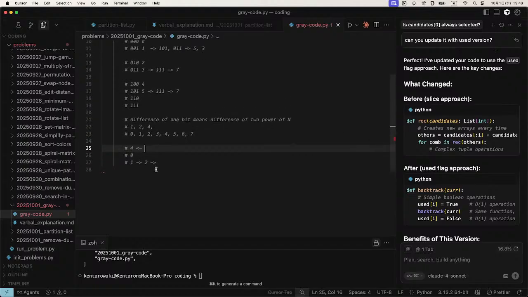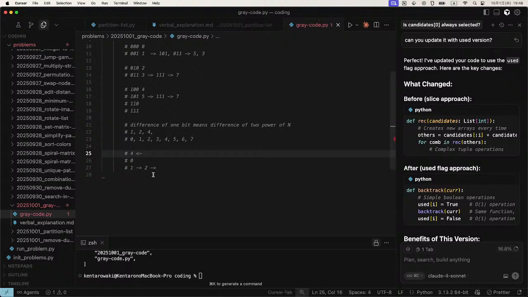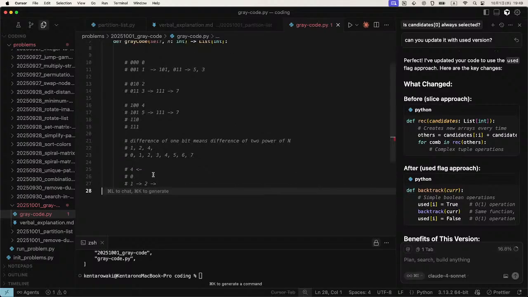Is there any pattern? We have to count the number of zeros.